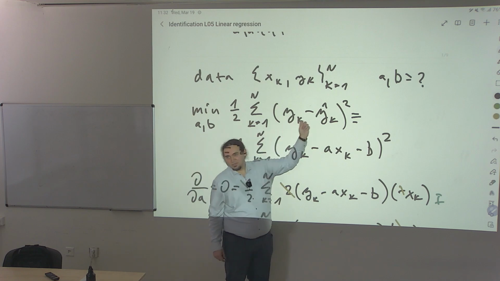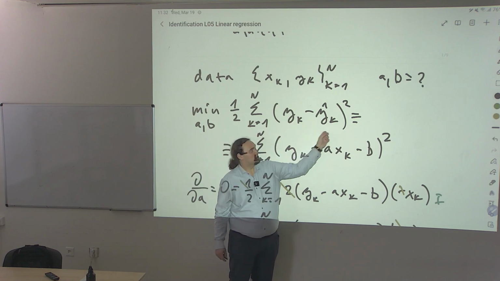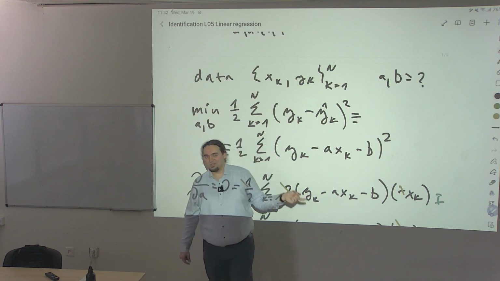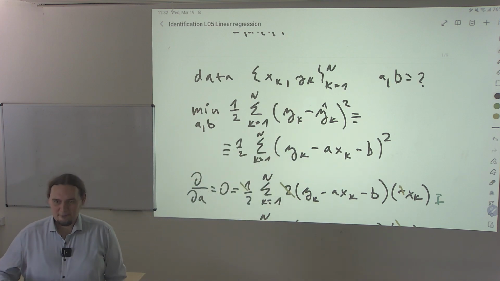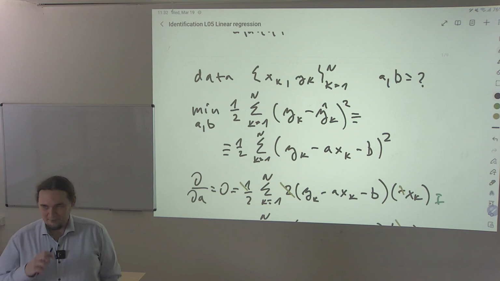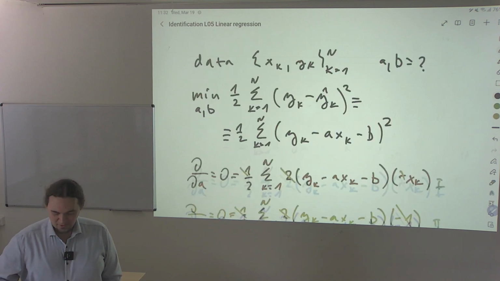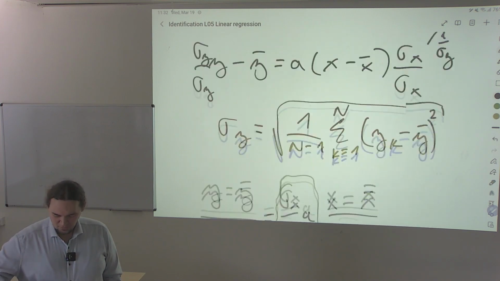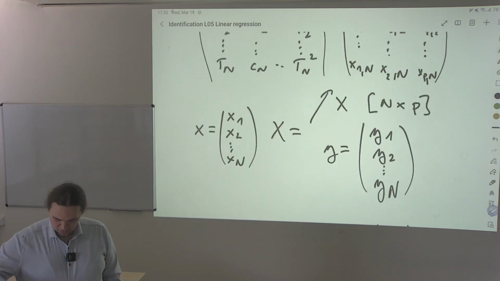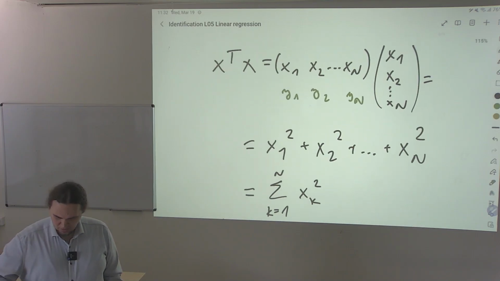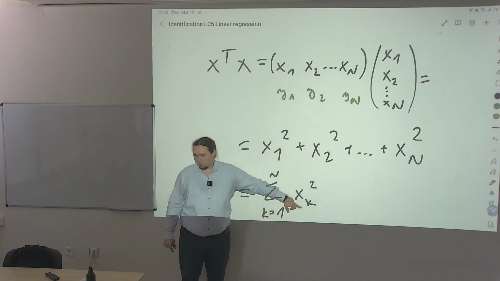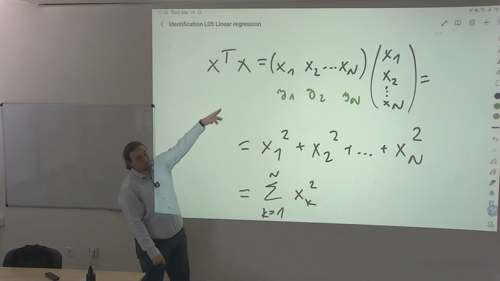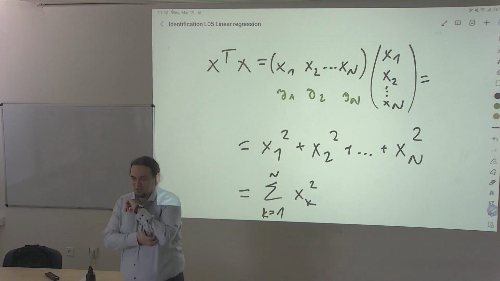So what can we do now to represent this sum of squares of differences using our new vector notation? We don't want to write the sum. If we didn't want to write the sum, we just took the vector and transposed it.